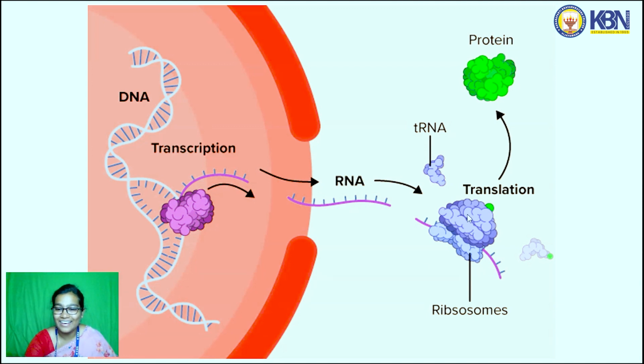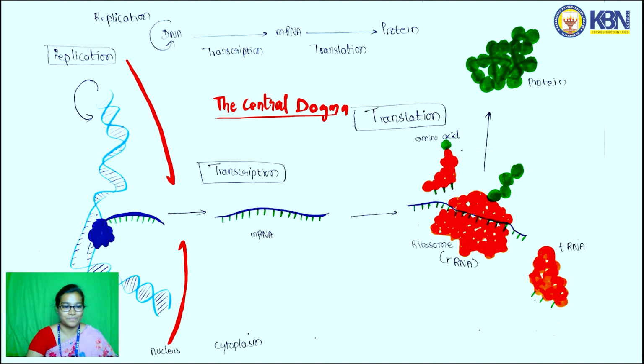Yes, here is the ribosome. It attaches to the RNA, and from the RNA it reads and it converts that code into the protein by adding amino acids one by one, like here.